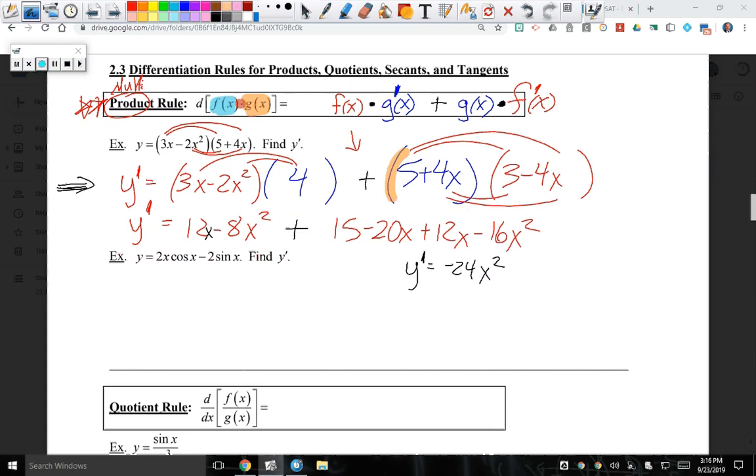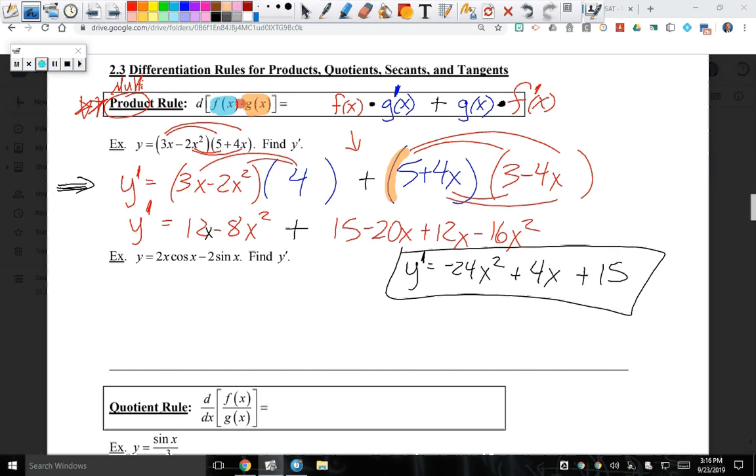But there should be a 12x here. So I have a negative 20, those 12s become 24, so I get a positive 4. I did not plan on missing this x, but here's a good example of how we got to be a little careful. Okay? All right. What's my last number? Plus 15.